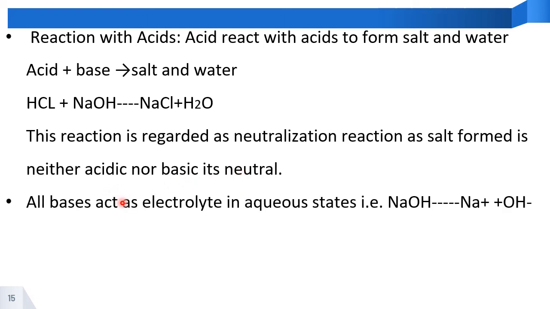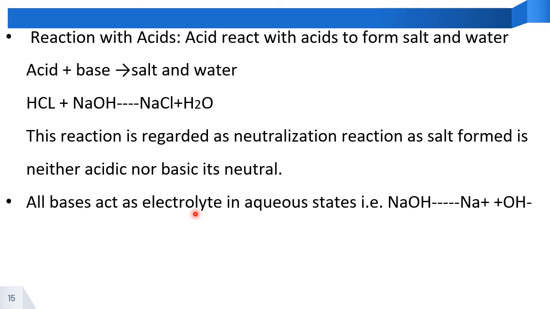All bases act as electrolytes. Acids and bases are the best electrolytes. Electrolyte means they dissociate into their constituent ions in aqueous solution. For example, HCl in the case of acid dissociates into H plus ion and Cl minus ion.